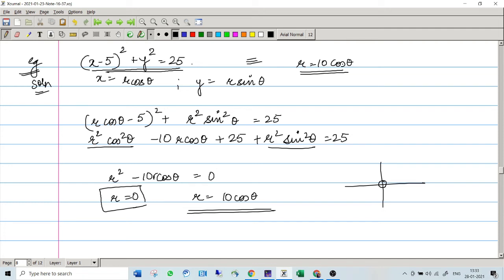We'll do this in subsequent sections, but just as an overview, this is how we will plot these equations in the form of polar coordinates. If r depends upon theta, you'll take different values for theta and find r, and whatever values we get in terms of r and theta, we'll plot them as coordinates as we have done.